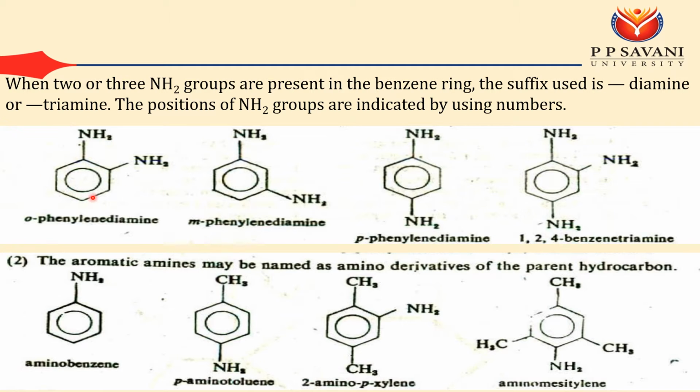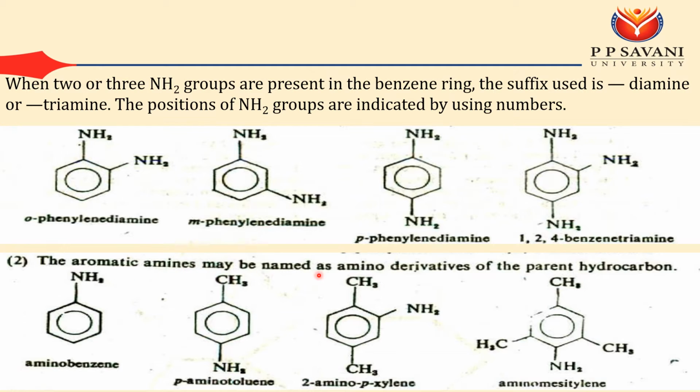The nomenclature of this compound is simple: this is an ortho position, so you can write orthophenyl diamine. Similarly, here this is a meta position, so metaphenyl diamine, paraphenyl diamine, and 1,2,4 benzene triamine.